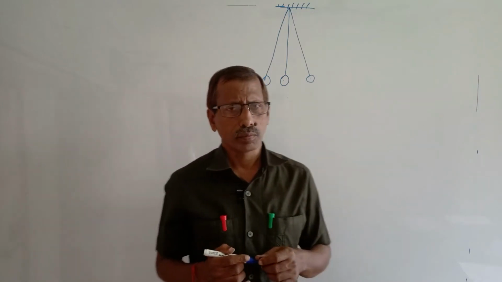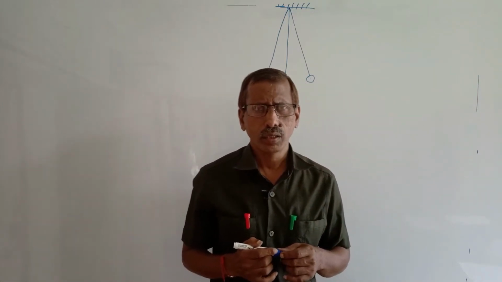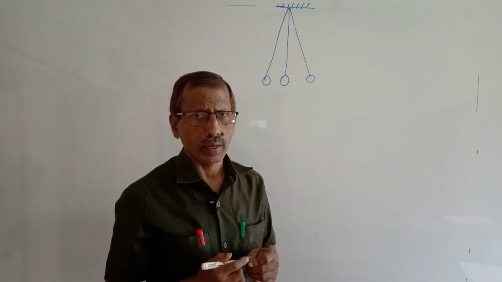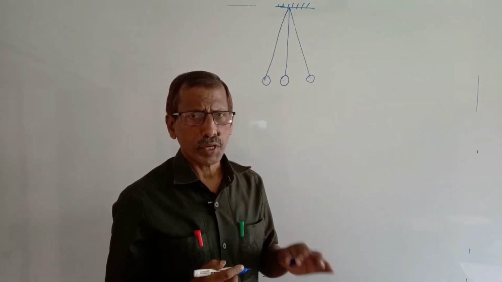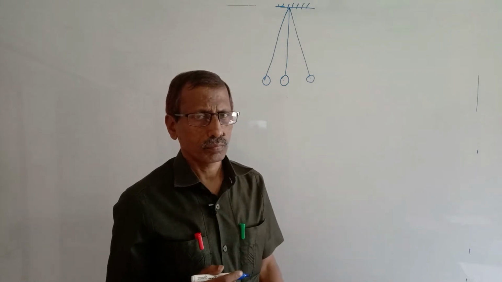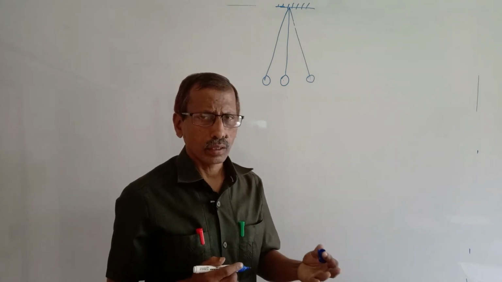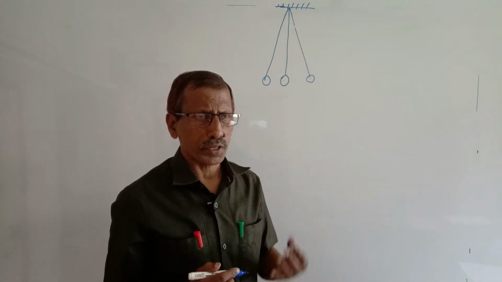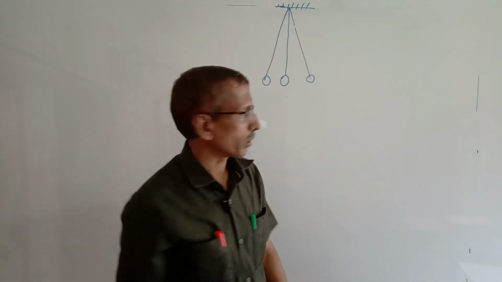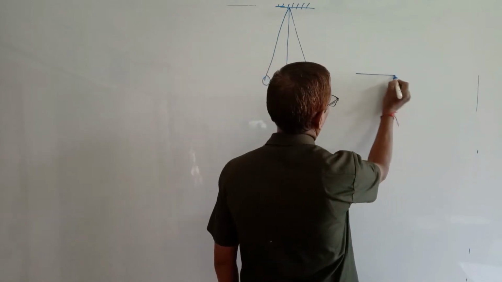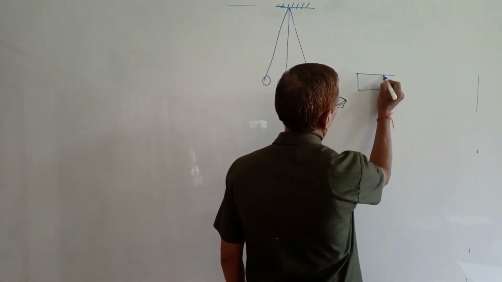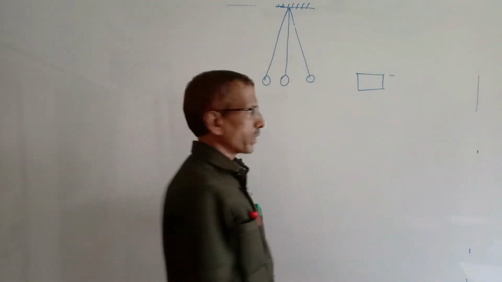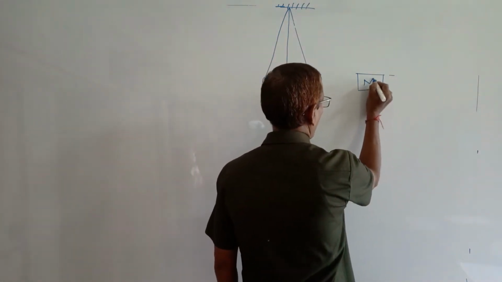Again, we consider a second example in order to study linear simple harmonic motion, that is, the spring mass oscillator. There is a spring and a block of mass m, suspended from a rigid support. So let us consider a block of mass m performing linear simple harmonic motion.